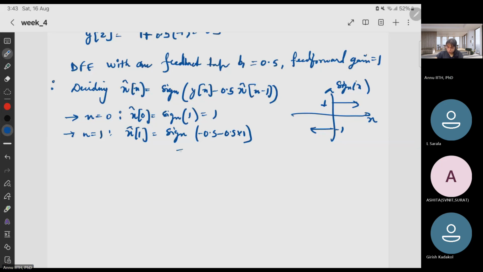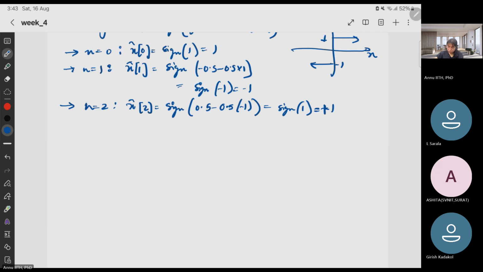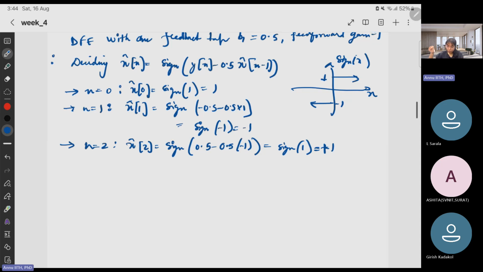The signum function is this. So it is signum of minus 1, which is minus 1. For n equal to 2, x cap of 2 is equal to signum of 0.5 minus 0.5. The recovered signals are exactly plus 1, minus 1, plus 1.